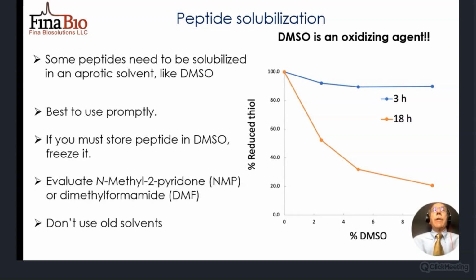So if you do make it up in DMSO, it's best to use it promptly. If you're going to store it in DMSO, you should freeze it. You might also try some alternative solvents like NMP or DMF. And make sure you don't use these solvents that have been sitting around for years and years, because there are some decomposition products that will also promote oxidation.